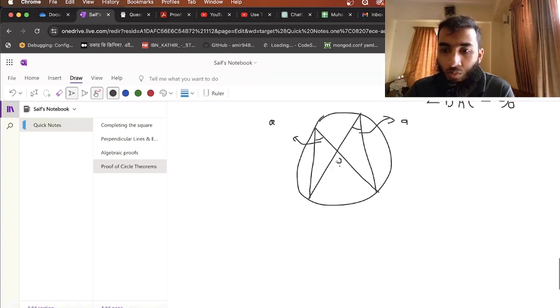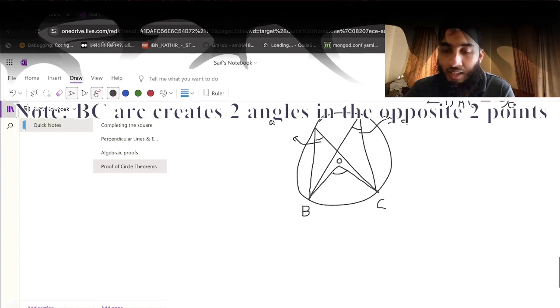So let's say this is the center O, and these two points are B and C. This angle is the central angle created through the arc BC.